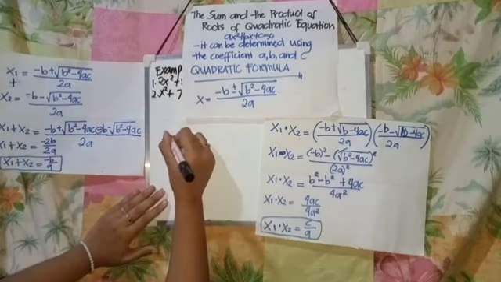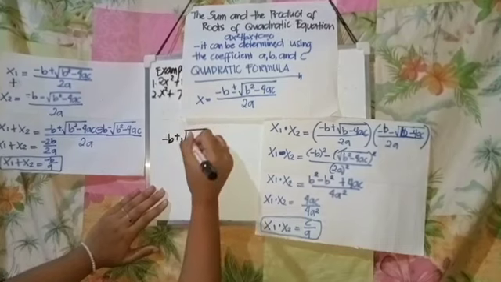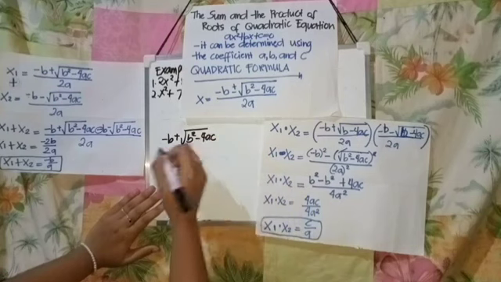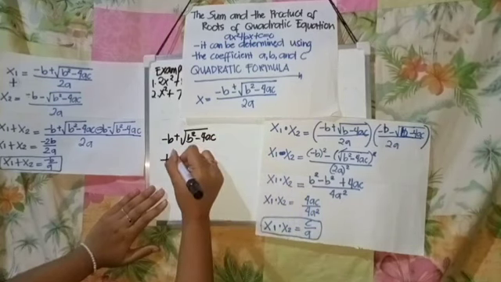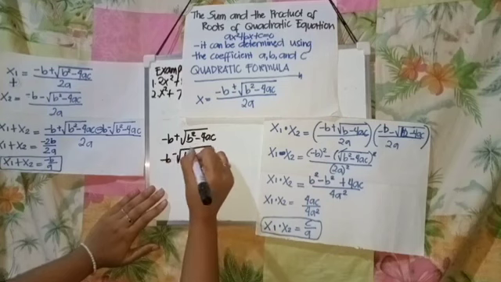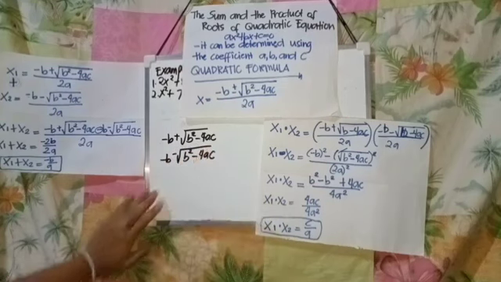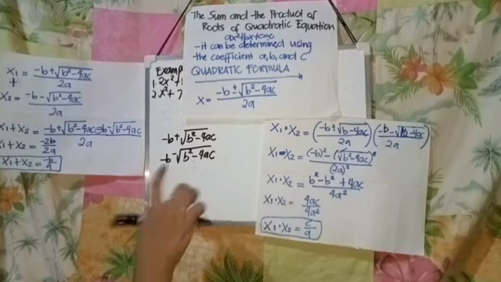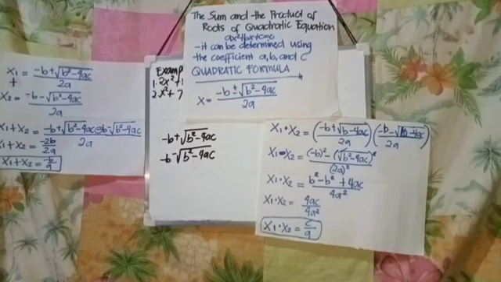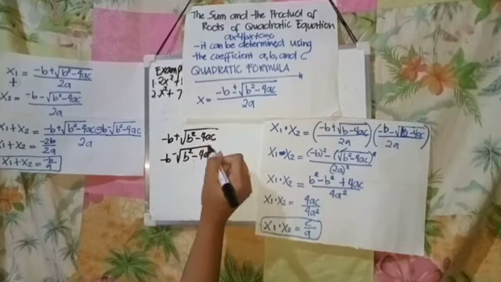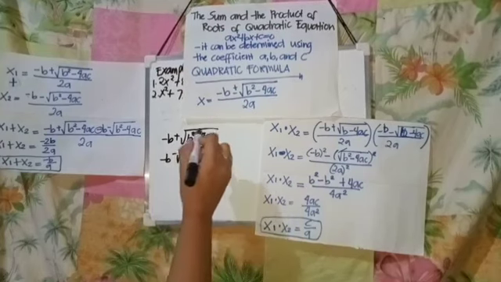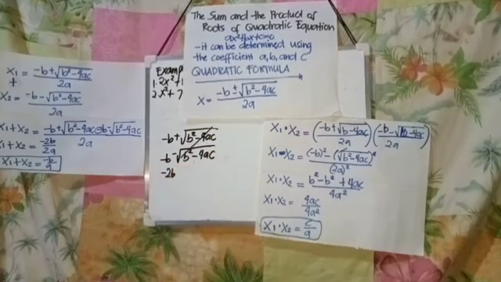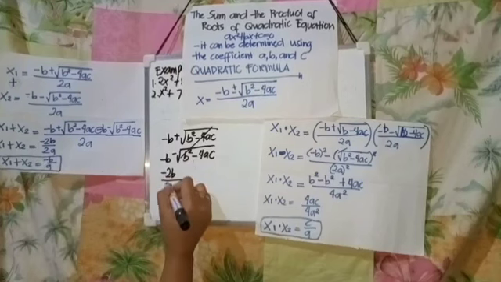Remember that we have b plus the square root of b squared minus 4ac, and we have negative b minus the square root of b squared minus 4ac. So we will subtract, so we can cancel that out. So it will become negative 2b and the denominator as 2a.